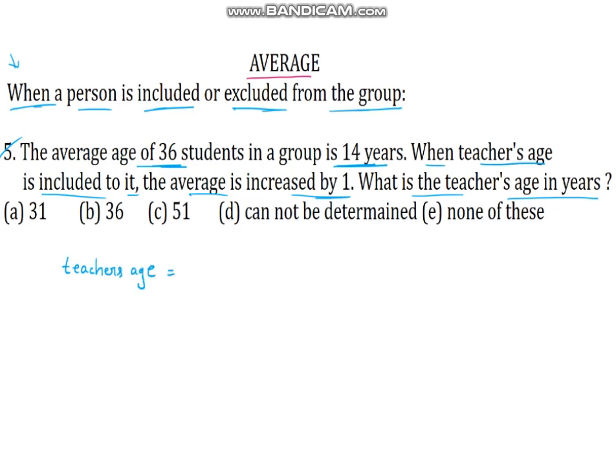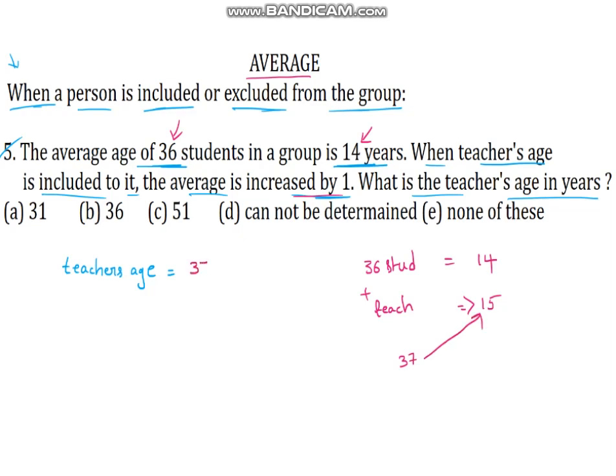See here, friends, first there are 36 students and their average is 14 years. When a teacher is added, the average increases by 1, so the average becomes 15. So the 37 people's average is 15 years.